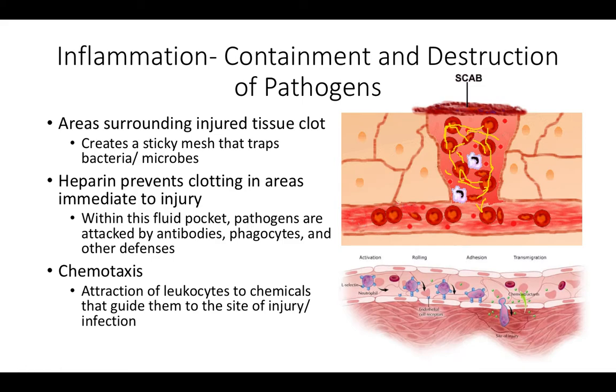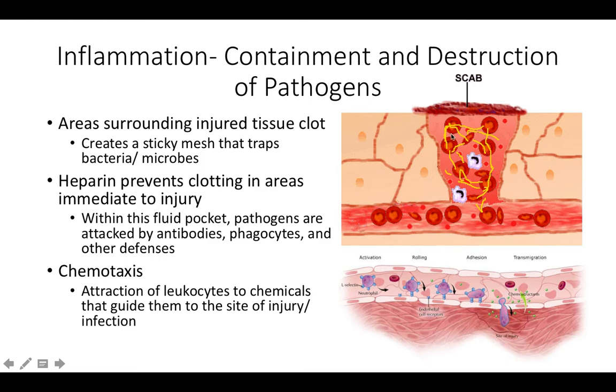And then finally, the last process of inflammation is containment and destruction of pathogens. So we don't want these pathogens circulating. We want to keep them in a small area and to destroy them. So the areas surrounding an injured tissue are going to clot. Okay, so we get a scab up here, and then maybe we get a scab down here, or clotting down here.